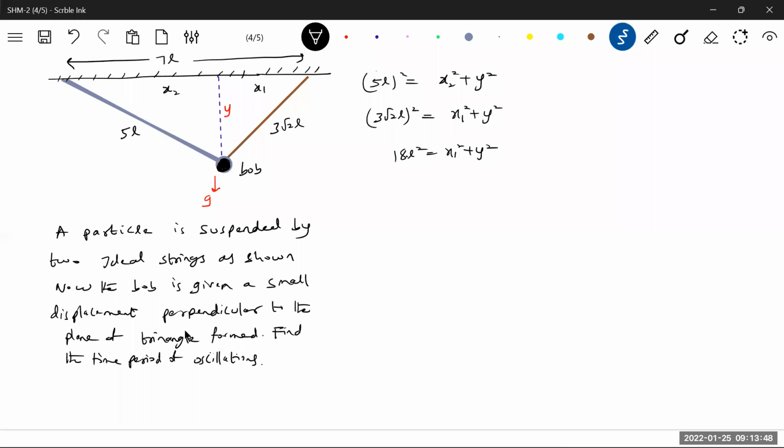We need the other side. x2 plus x1 length we know equals 7L. So y should be eliminated. So I'll take the difference of these two.